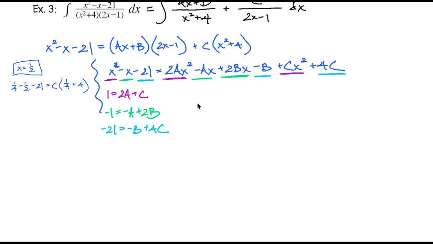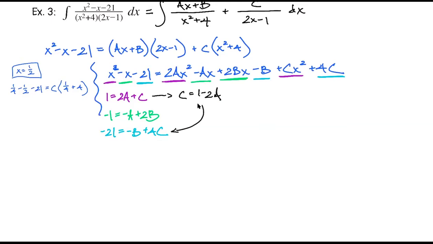So what I'm gonna do is I'm gonna solve this equation for C. So I get C equals 1 minus 2a. And then I'm gonna put that into this equation. So that's gonna make the bottom equation negative 21 equals negative b plus 4 times 1 minus 2a, or negative 21 equals negative b plus 4 minus 8a.